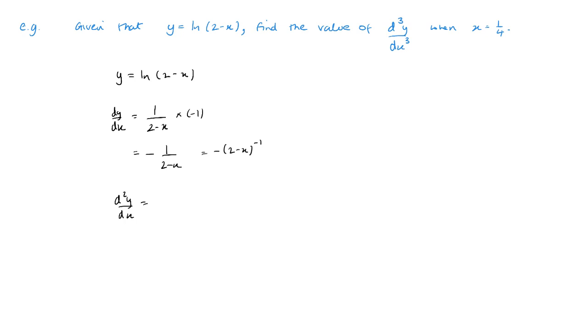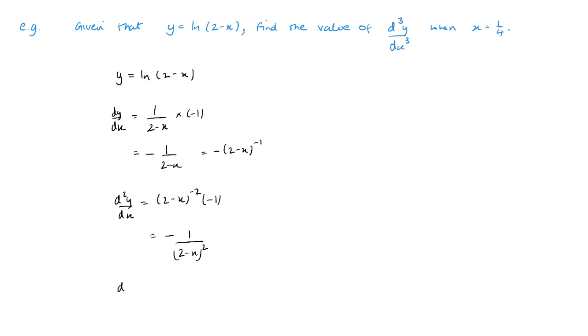Differentiating, I bring the minus 1 down, so it becomes positive, and the power becomes minus 2, and then I multiply by the inside differentiated, which is minus 1. So minus 1 over (2 minus x) squared.